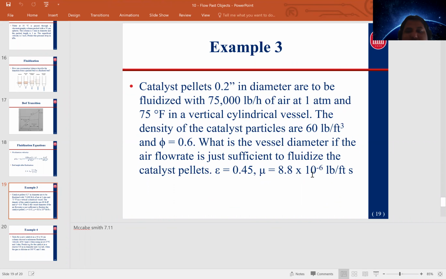If the density of the particles is 60 pounds per cubic foot with a sphericity of 0.6, what is the vessel diameter if we assume the airflow rate is just sufficient to fluidize the pellets, assuming a void fraction of 0.45 and a fluid viscosity of 8.8 times 10 to the minus 6 pound mass per foot second?